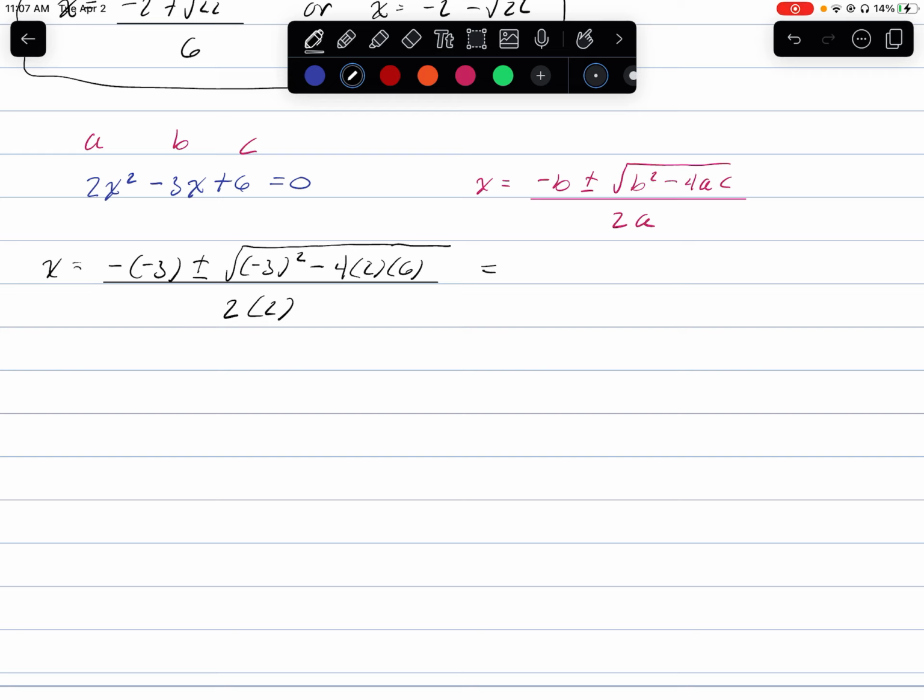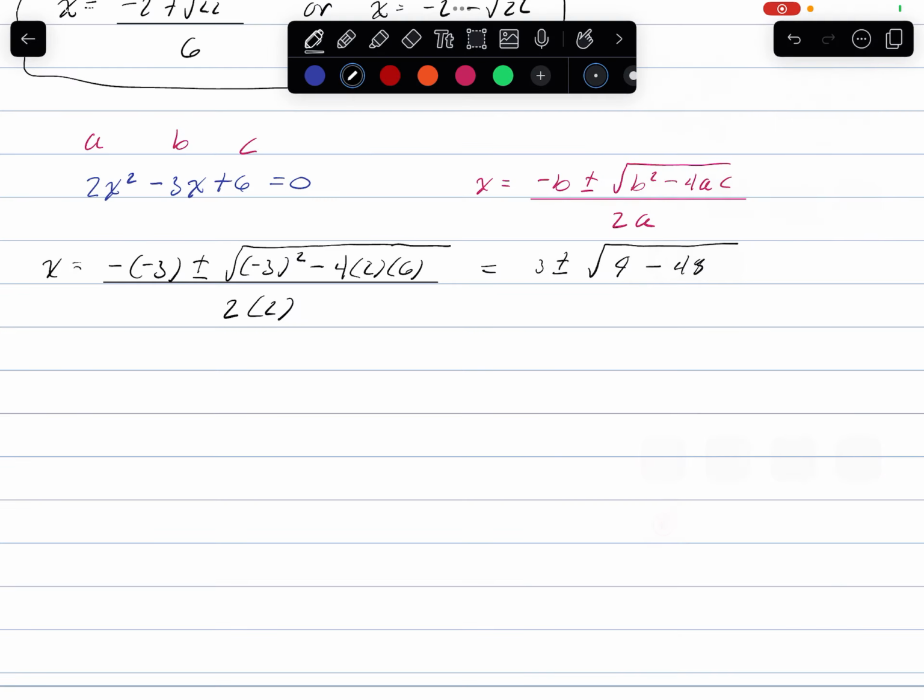Okay, let's try and simplify this. Negative 3 is positive 3, plus or minus the square root of negative 3 squared, which is 9, minus 4 times 2 times 6, so that's 48. And this is all going to be over 2 times 2, which is 4.